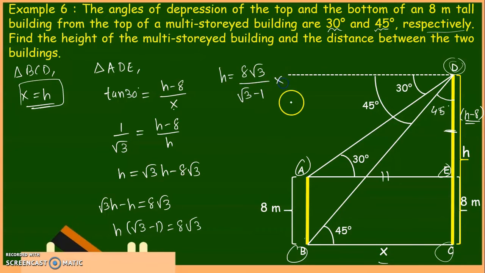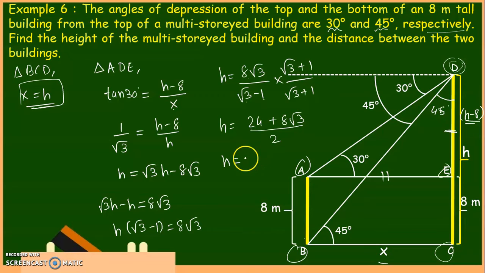If you rationalize the denominator, we multiply and divide by root 3 plus 1. In the numerator we get 8 root 3 multiplied by root 3, that is 24, plus 8 root 3. In the denominator, root 3 minus 1 times root 3 plus 1 is 3 minus 1, equal to 2. So we get the value of h equal to 12 plus 4 root 3 meter.